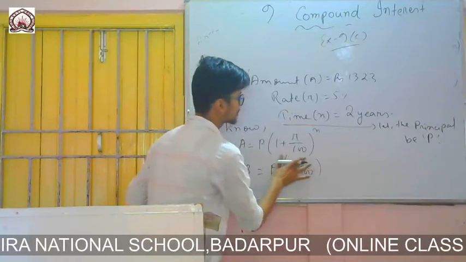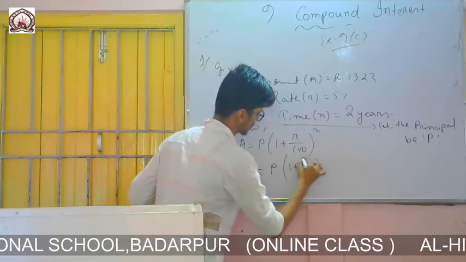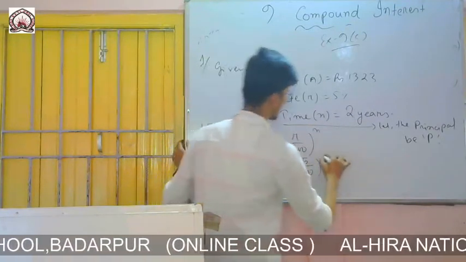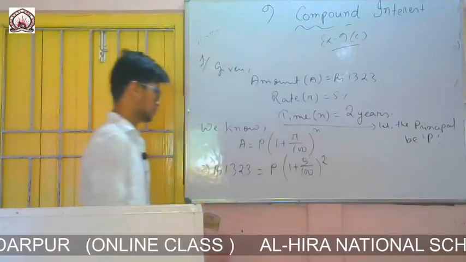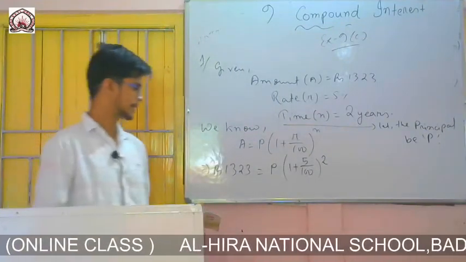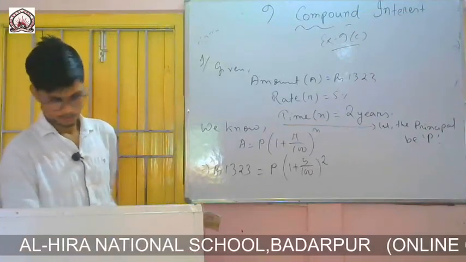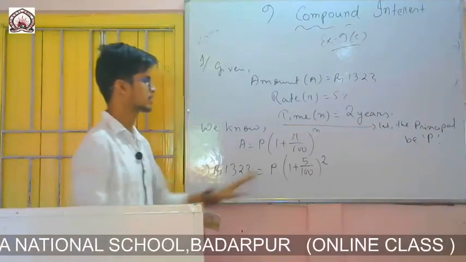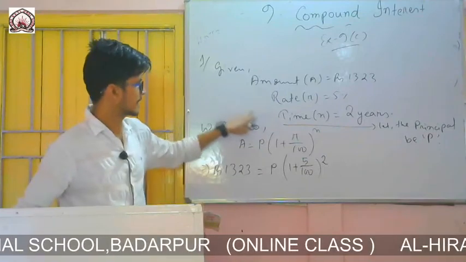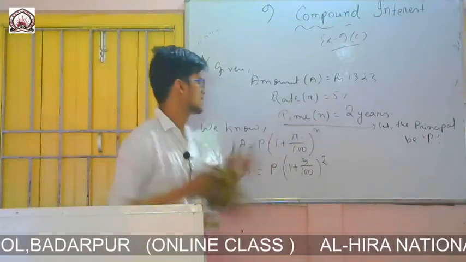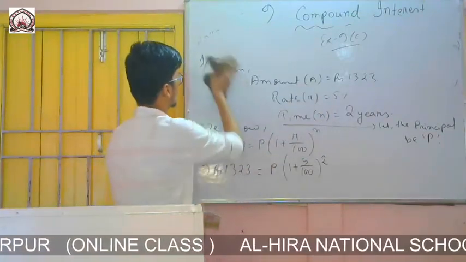And the rate is given 5%, so you write 5 here, and time is given 2 years. So rupees 1323 equals P into (1 plus 5 by 100) whole thing square. So now we'll solve this one.